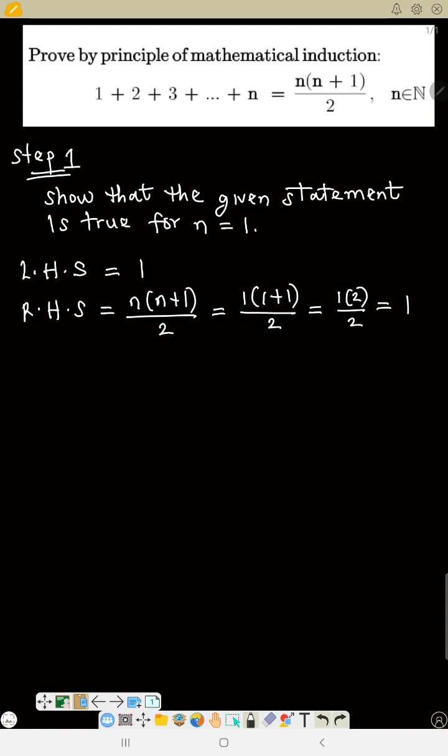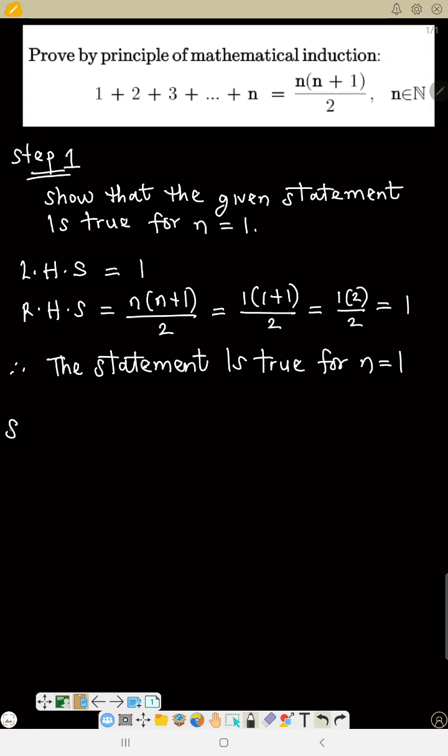So you will just say, therefore, the statement is true for n is equal to 1. So we have proof for step 1. That is, the statement is true for n is equal to 1.